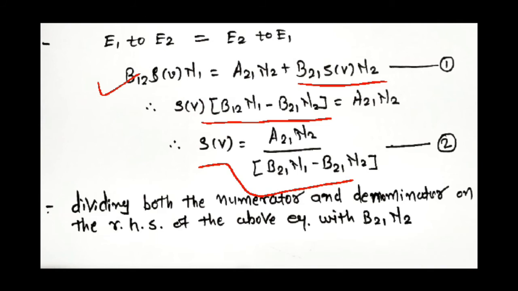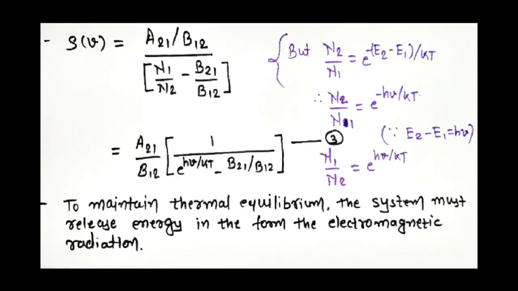Dividing both the numerator and denominator on the right hand side of the above equation by B21 into N2, we obtain rho is equal to A21 upon B21 divided by, B12 upon B21 into N1 upon N2 minus 1.